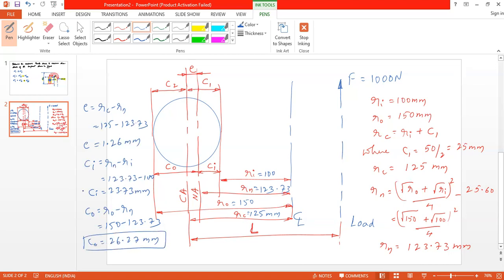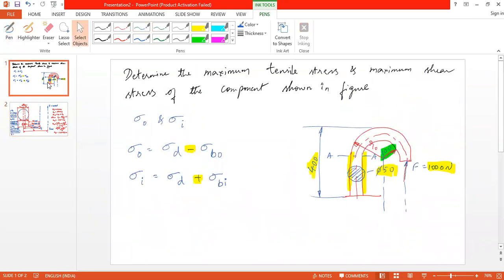This is C naught, Ci, and this is L. What is the value of L?